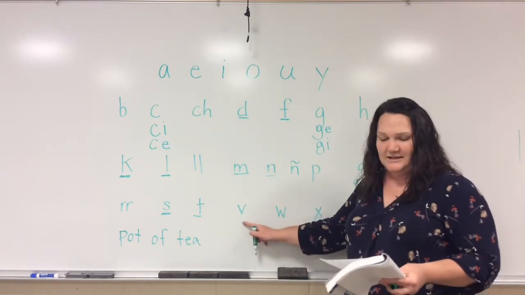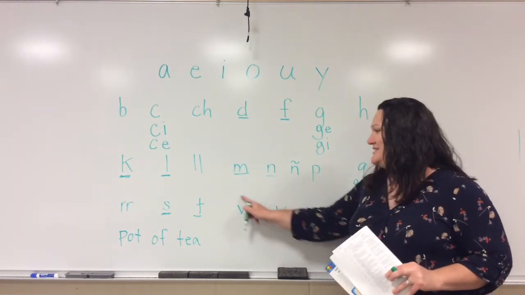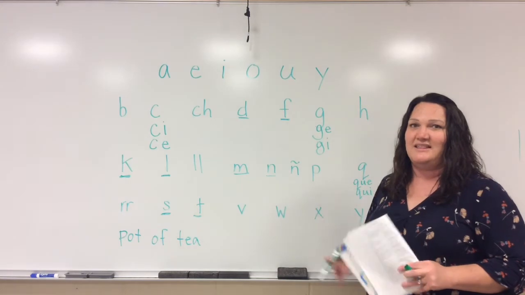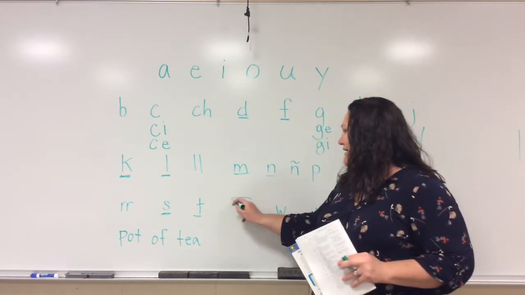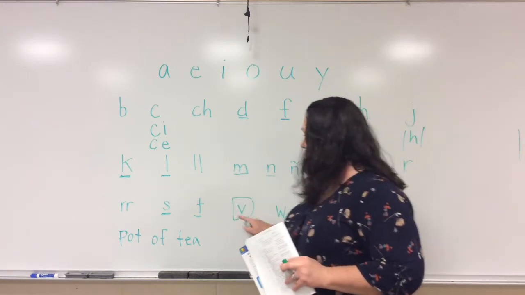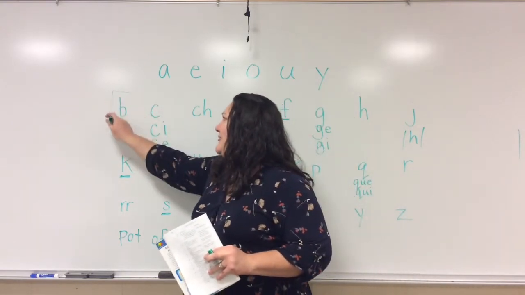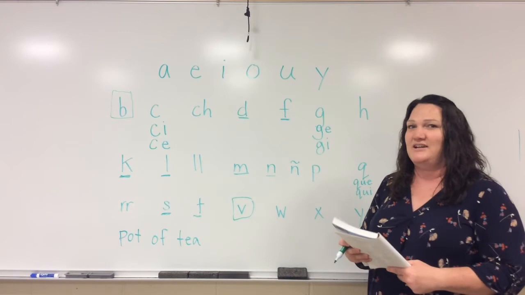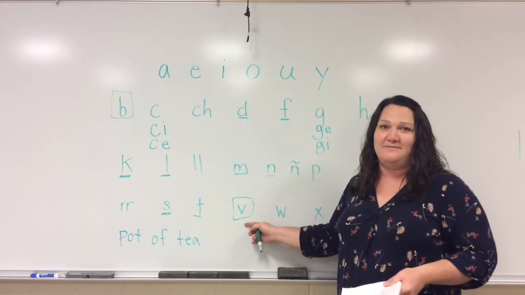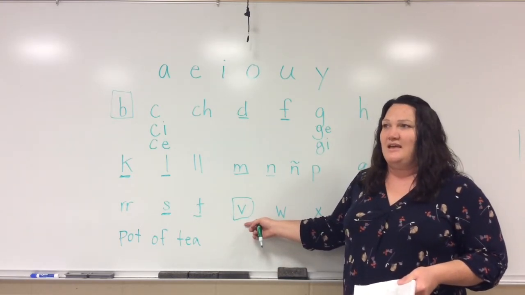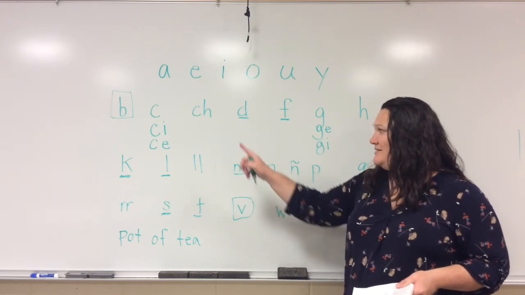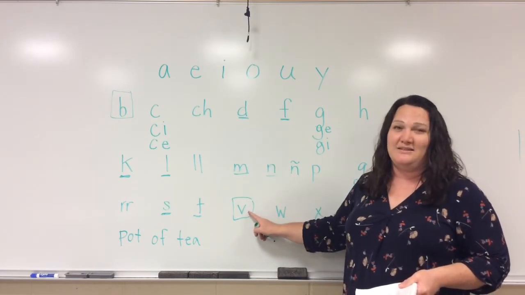Okay? V, this one is the controversial letter. I have heard people say the B and the V make the same sound of B. And then I've heard people say, no, it really does make the V sound. You can take the B, the V sound.